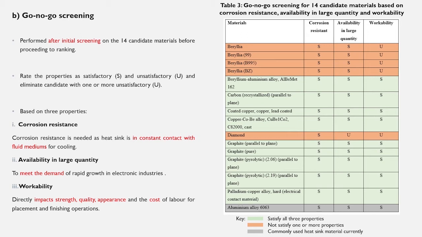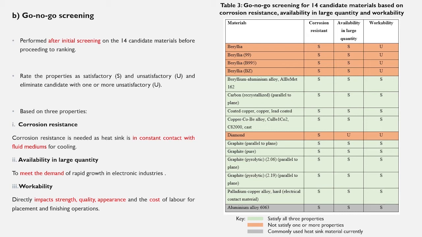Then we proceed to Table 3, where we have done the go no-go screening on 14 candidate materials. As you can see, for the first property, corrosion resistance, all the candidates are satisfied.